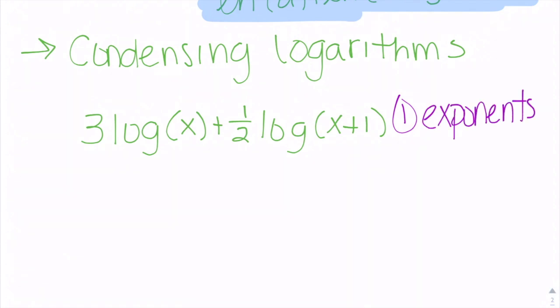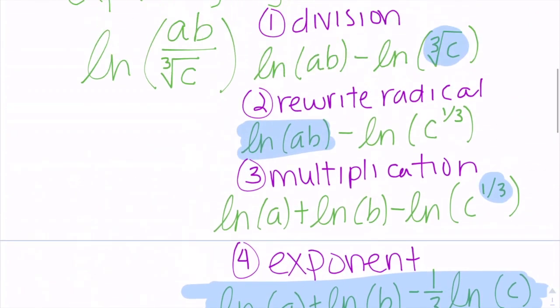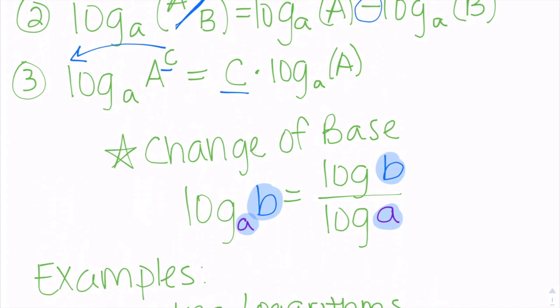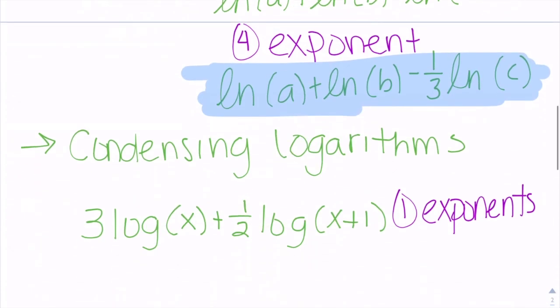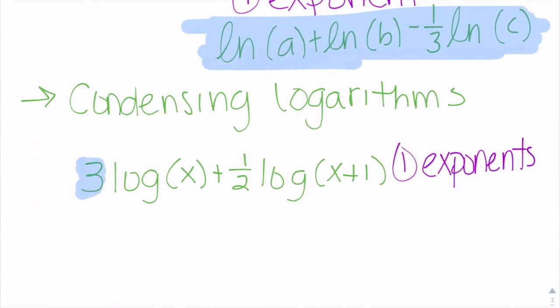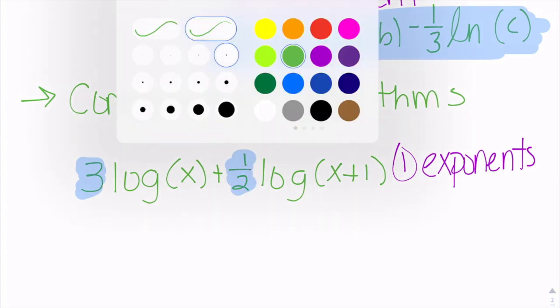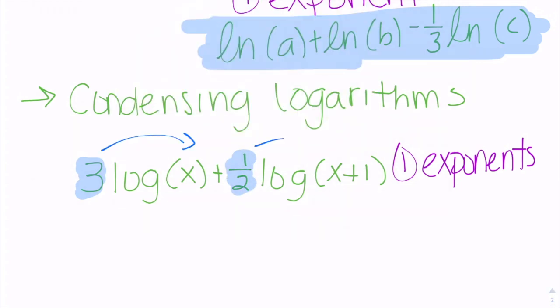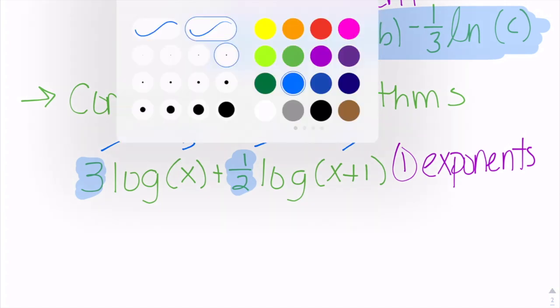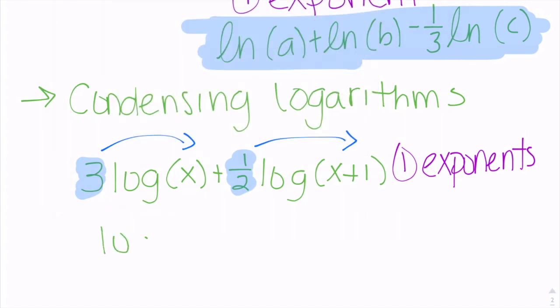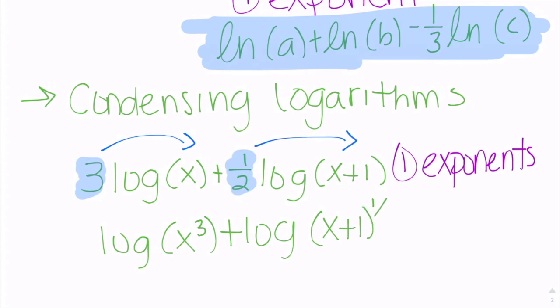And now you're probably saying there's no exponents in this problem, but if we look back up here, the law including exponents, and when you expand, so when you go from left to right, puts the exponent in front of the logarithm. And so if we look down here, we have numbers in front of our logarithms, which means that we want to take these and we want to move them up to become our exponents. And so we're going to get log of x cubed plus log of x plus 1 to the 1/2.